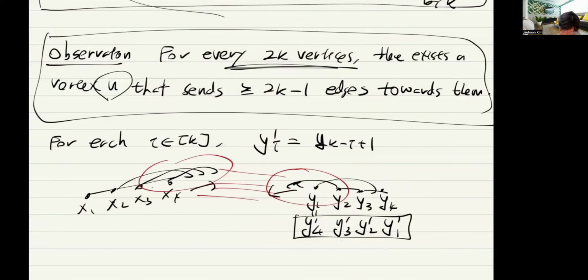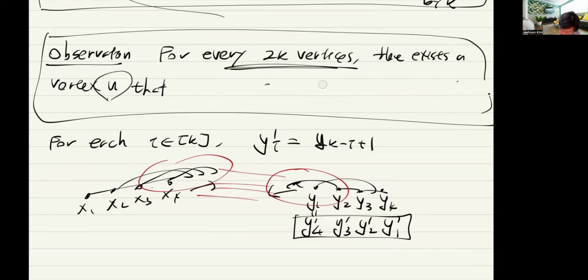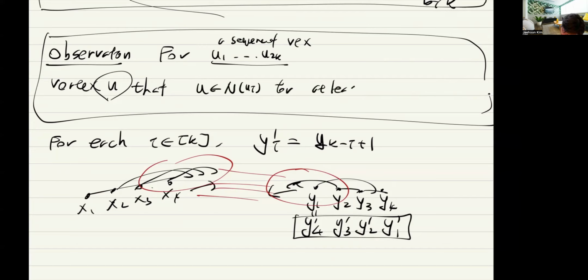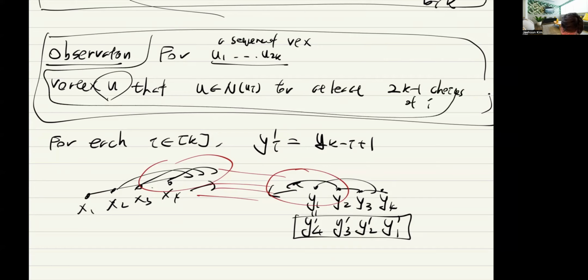So you can rewrite it, say, you want to use a sequence of 2K vertices. So then they may not be disjoint. There is Q such that U is in the neighbor of UI for at least 2K minus 1 choices of I. So let's write it this way.